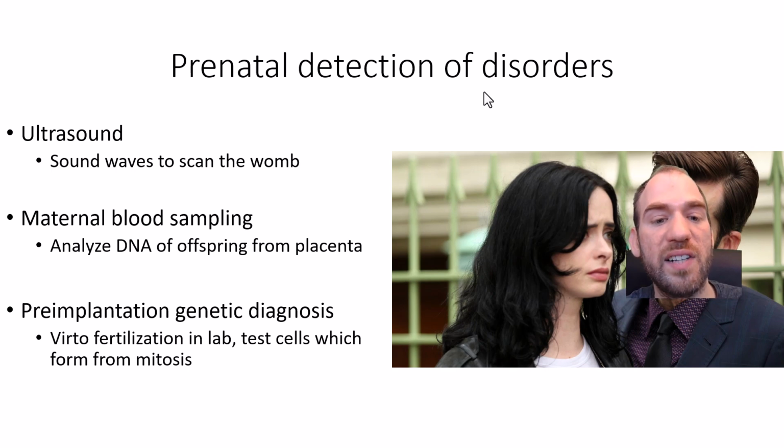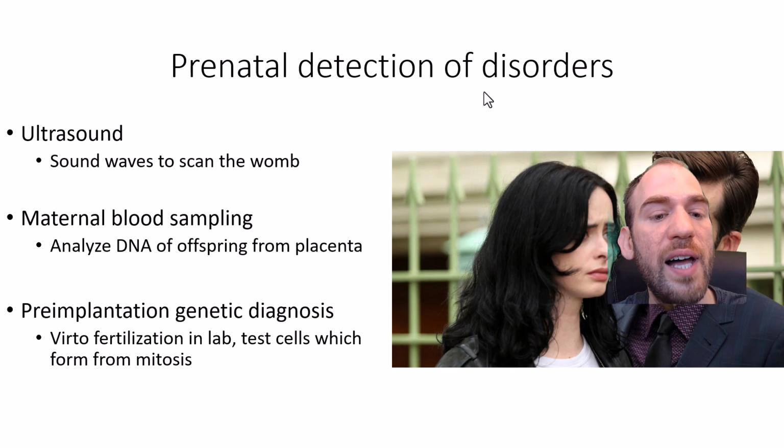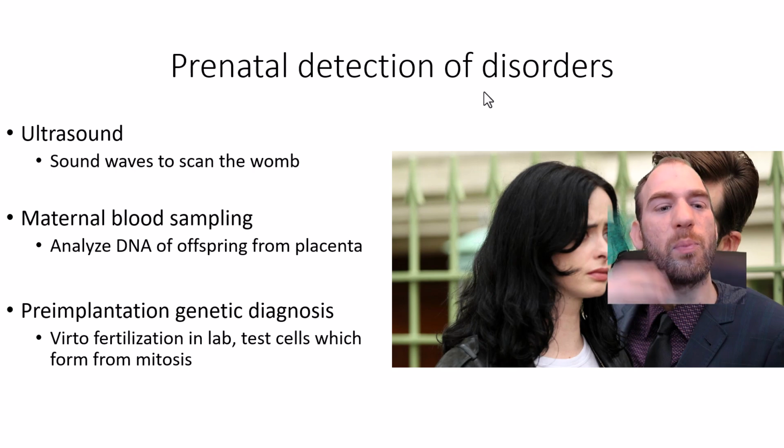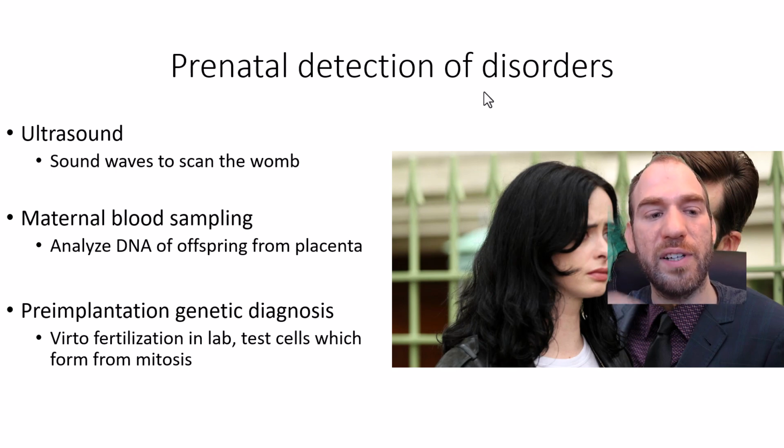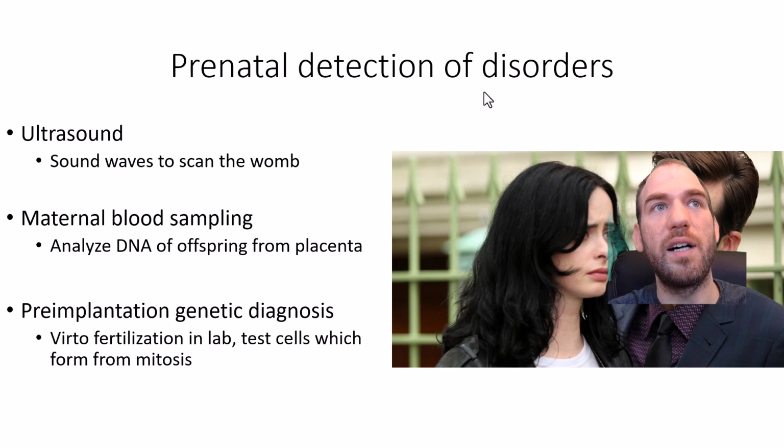Pre-implantation genetic diagnosis: in vitro fertilization in the lab, testing cells which form from mitosis. The broad outline here is that pre-implantation genetic diagnosis uses IVF, that is in vitro fertilization, to acquire egg cells and sperm cells, and then basically you grow them in the lab.